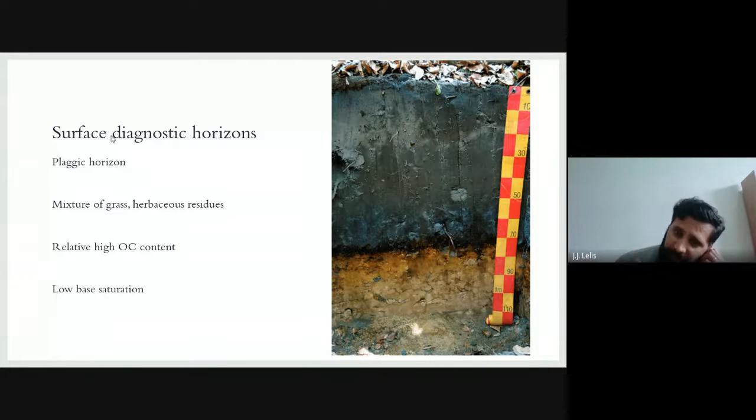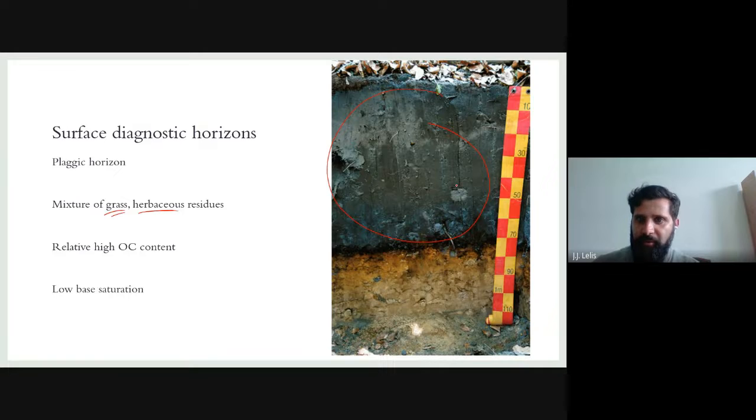They are especially related to organic materials. So we can easily see this dark horizon formed by incorporation of grass residues and herbaceous vegetation residues into the soil to compose a surface horizon that's rich in organic carbon.